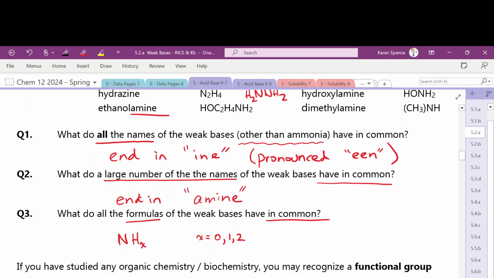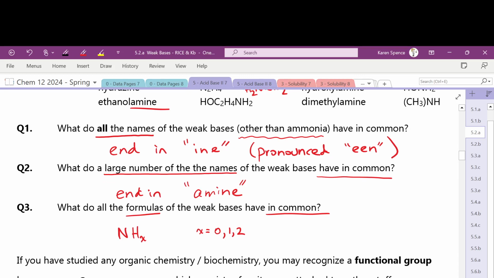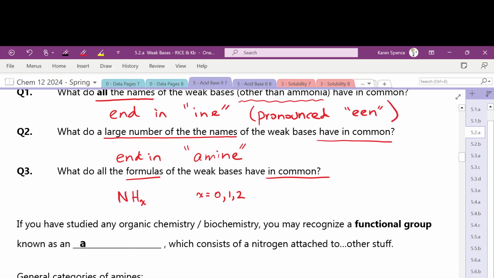Okay, so if you have studied any organic chemistry or biochemistry, which some of you might have done in biology, or maybe you did it last year in Chemistry 11, you might recognize a functional group. A functional group is a recognizable collection of atoms in an organic compound.